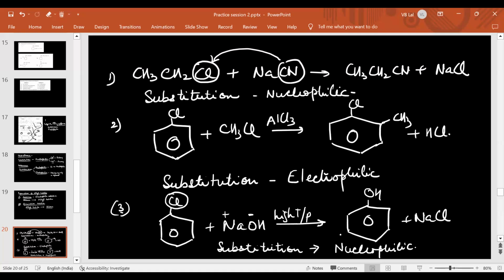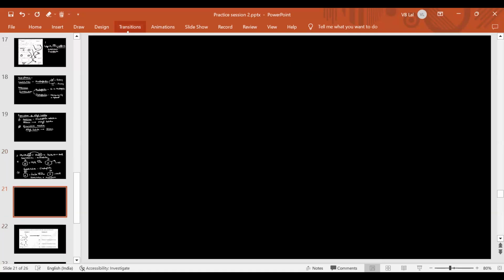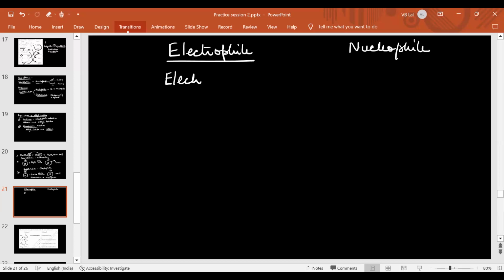You should know what is an electrophile and nucleophile. You should not confuse between these two. Electrophile is electron-loving species. Phile means to love. If it loves negative charge, then the charge on that will be positive.